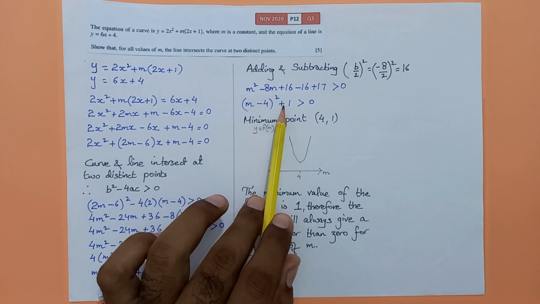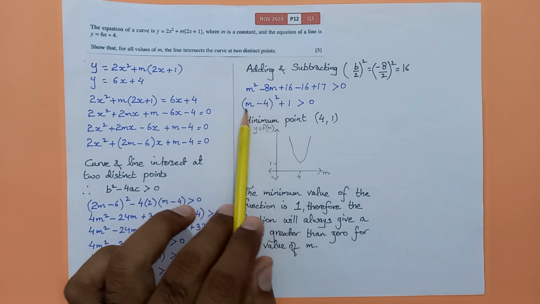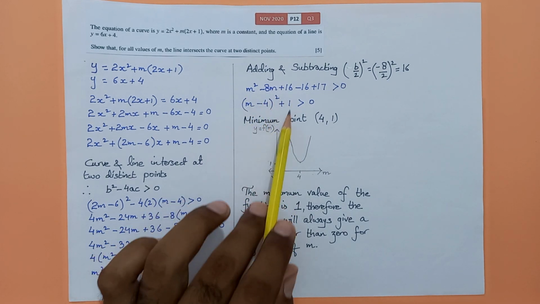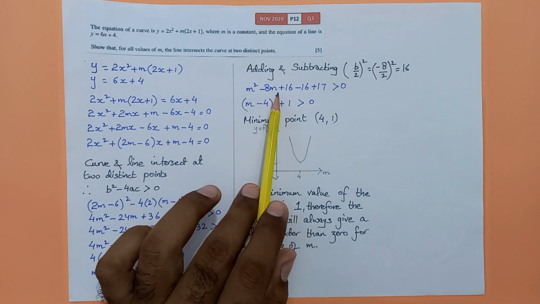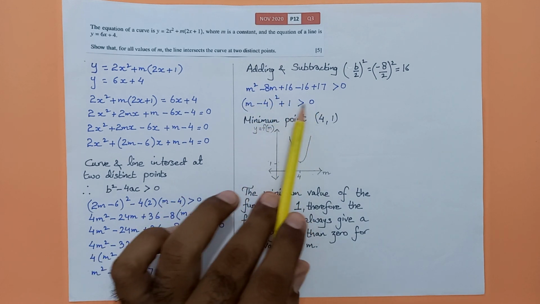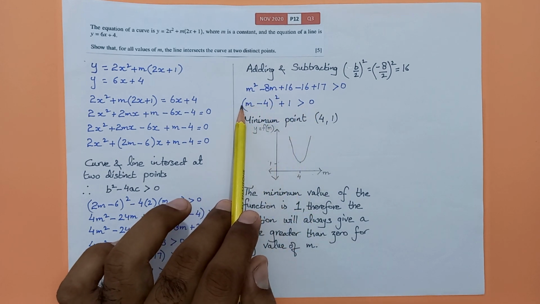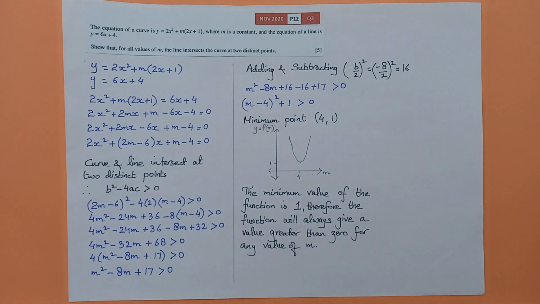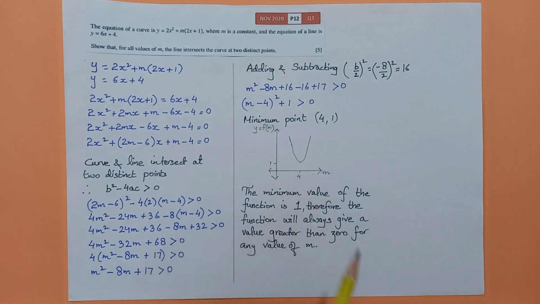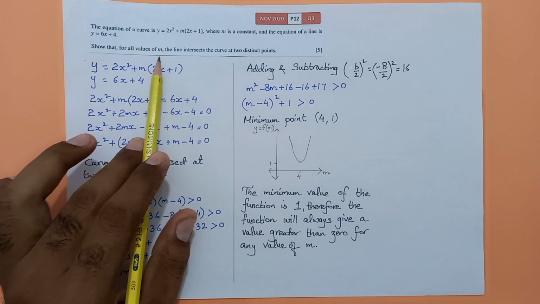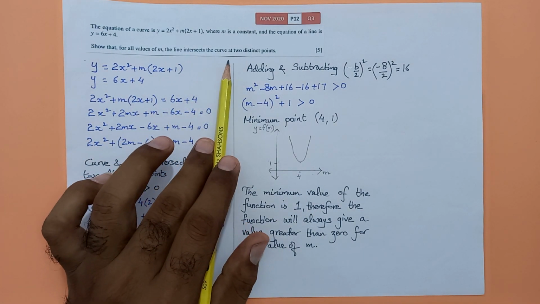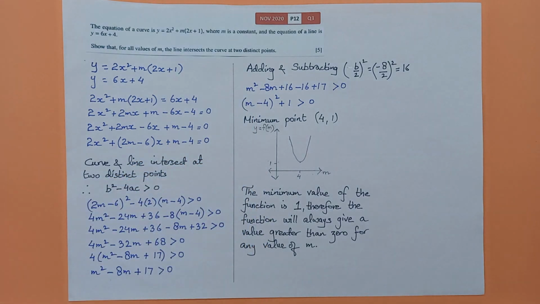And when you add 1 to it, the final answer is always positive, which means it is greater than 0. That means this inequality is true for any value of m, and we can observe from the equation as well as from the graph that for any value of m, the graph and the line intersect at two distinct points.